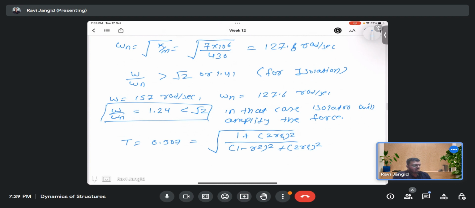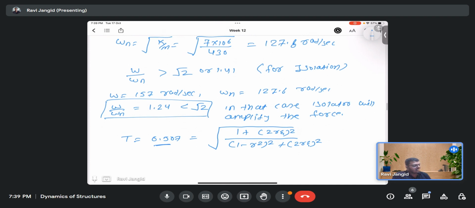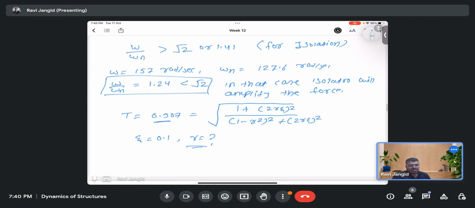So we have the limit for the transmissibility as 0.507. From this, we have the damping as 0.1, like 10% damping. You need to calculate R for this, with the transmissibility 0.507. So using that, can you calculate the R value?